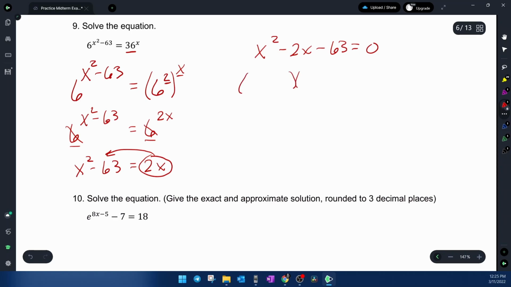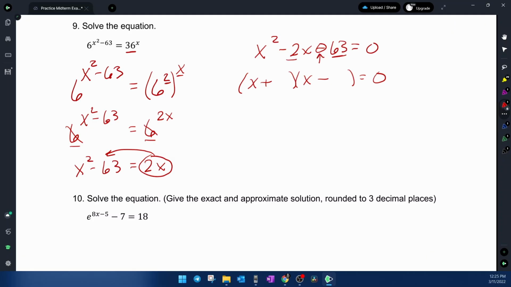And the fastest way to solve a quadratic is factoring, if it will factor. So here if I read the signs, they're going to be different. X and x to make x squared. And are there numbers that multiply to make 63 that subtract and make 2? And I believe those numbers are 7 and 9. The 9 does have to go with the minus so that we get negative 2.